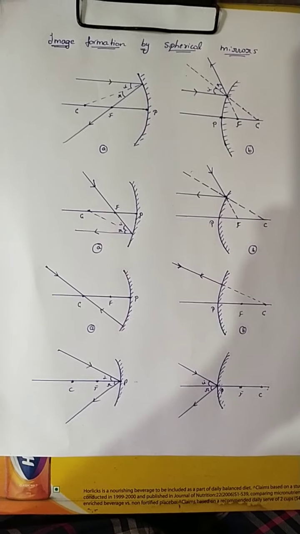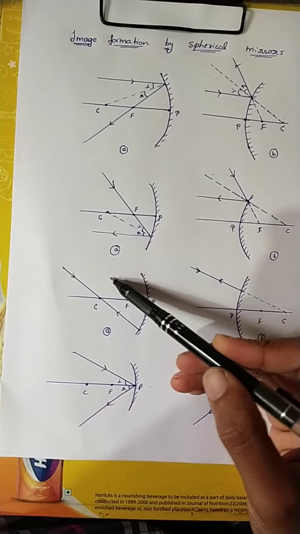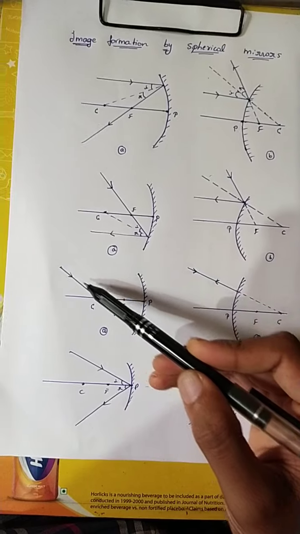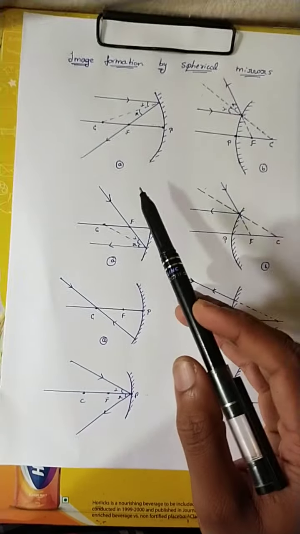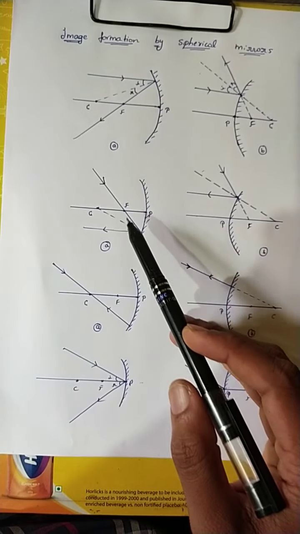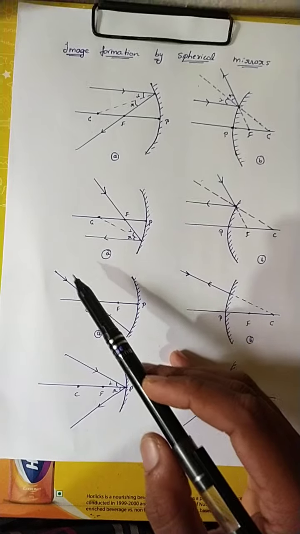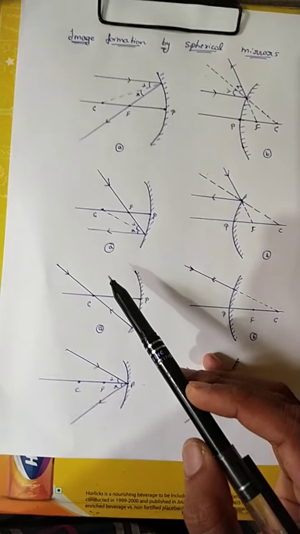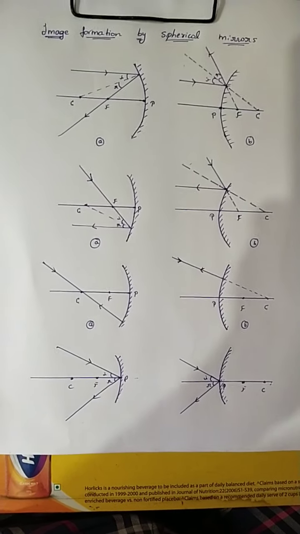Next, come to the third point. The incident ray, this is the incident ray. In the first diagram, the incident ray is parallel to the principal axis. In the second diagram, the incident ray passes through the principal focus. In the third diagram, the incident ray passes through the center of curvature. You know, the center of curvature is the center of the sphere of the spherical mirror.